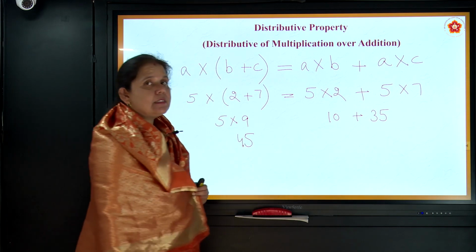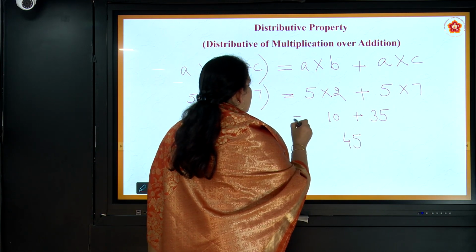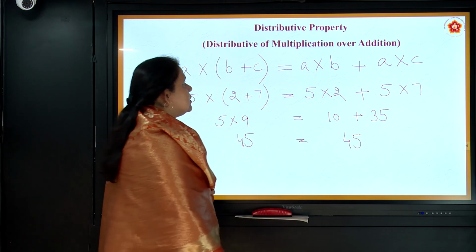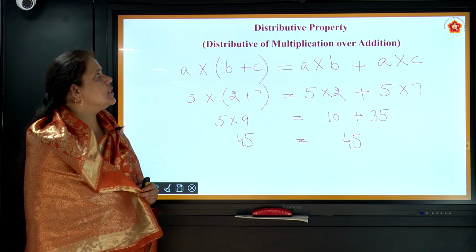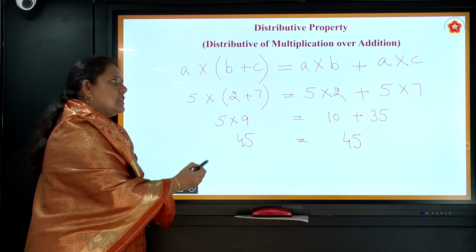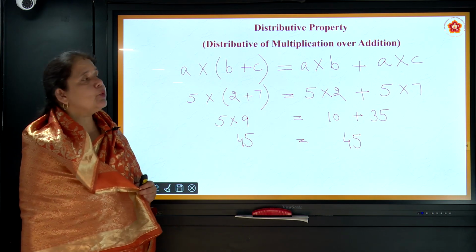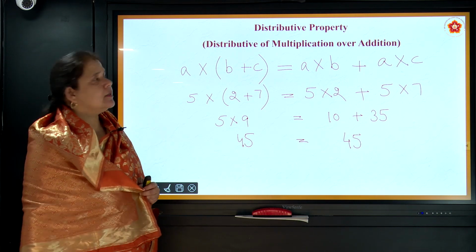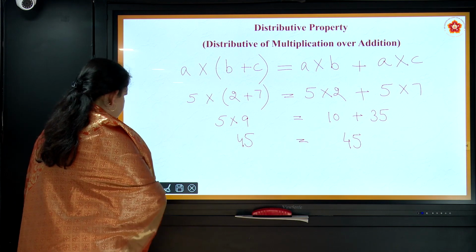And what is 10 plus 35? It is 45. So, in this way, we can see that multiplication obeys distributive law. I have taken simpler numbers to make the concept clear to you. You take any integer, it will obey the distributive law.